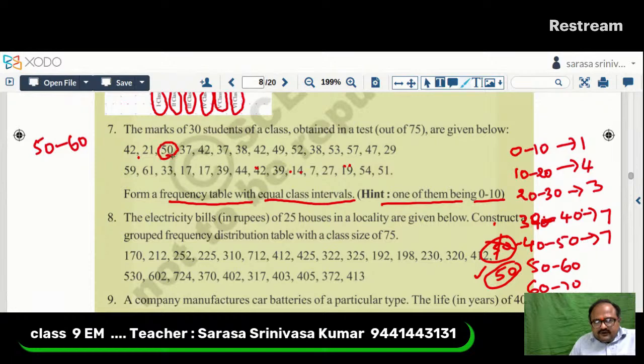The first student here, 50 marks, 52 marks, 57 marks. Here in this first row we observe 3 students. Next, fourth, 54, 51.